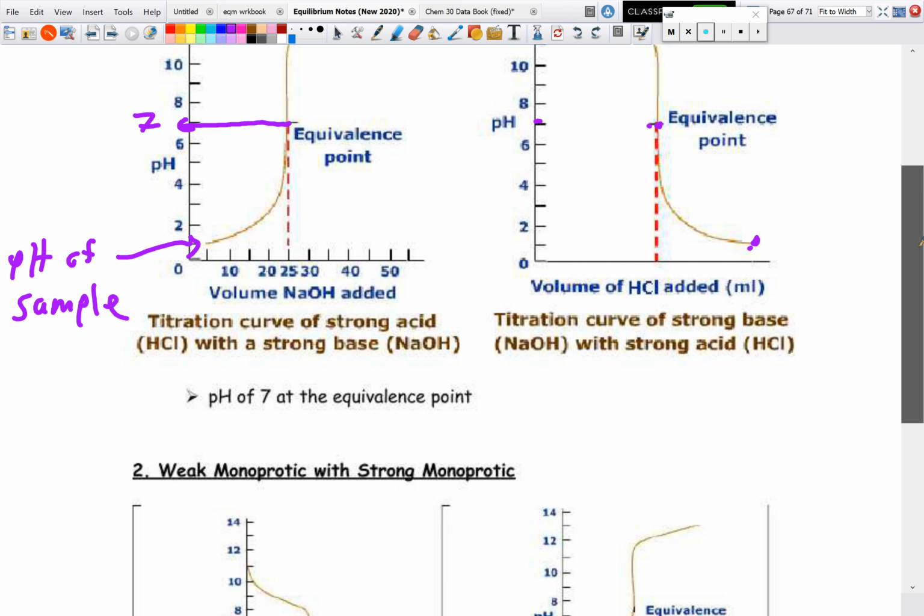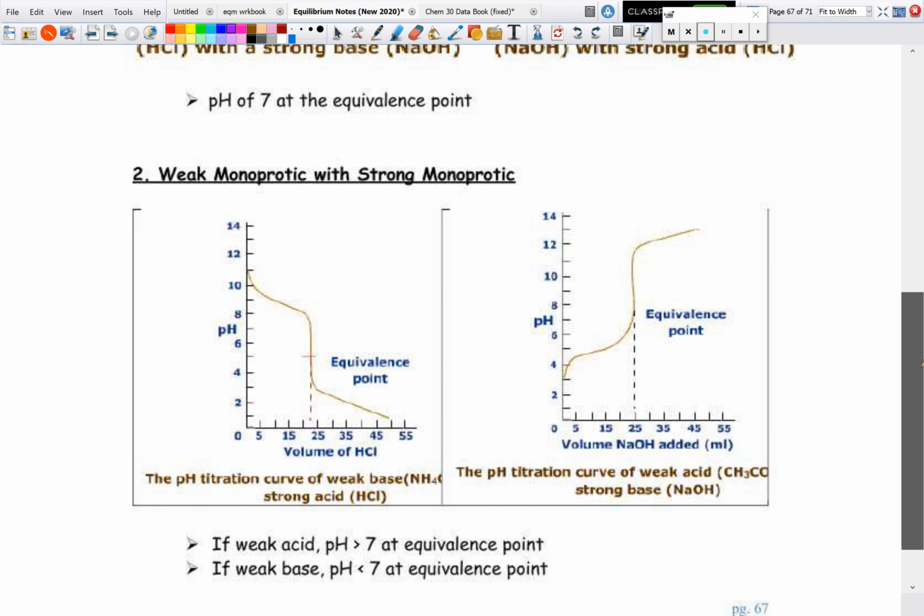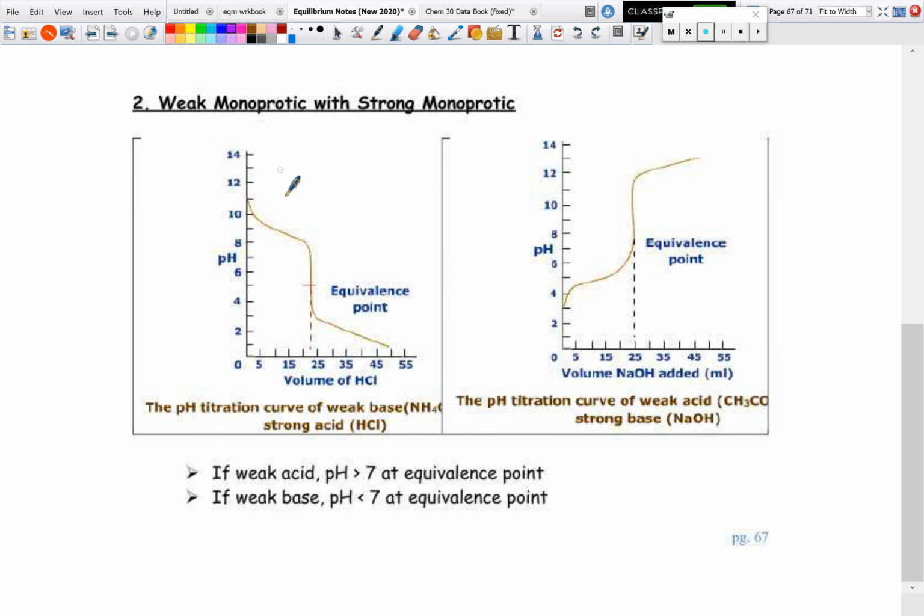Now, for our weak monoprotic acids and our weak monoprotic bases, you'll notice that the curves look a little different. So we can still pick out the exact same thing. We get the pH of our sample at the beginning and the pH of the titrant at the end. But notice what we have right here. We get a sharp decrease in pH, but then it starts to level off right here.